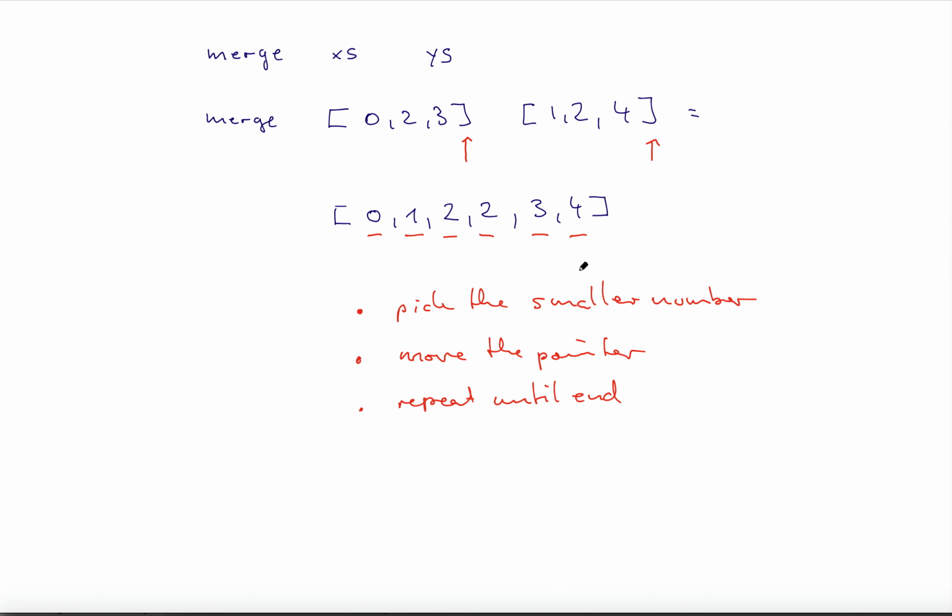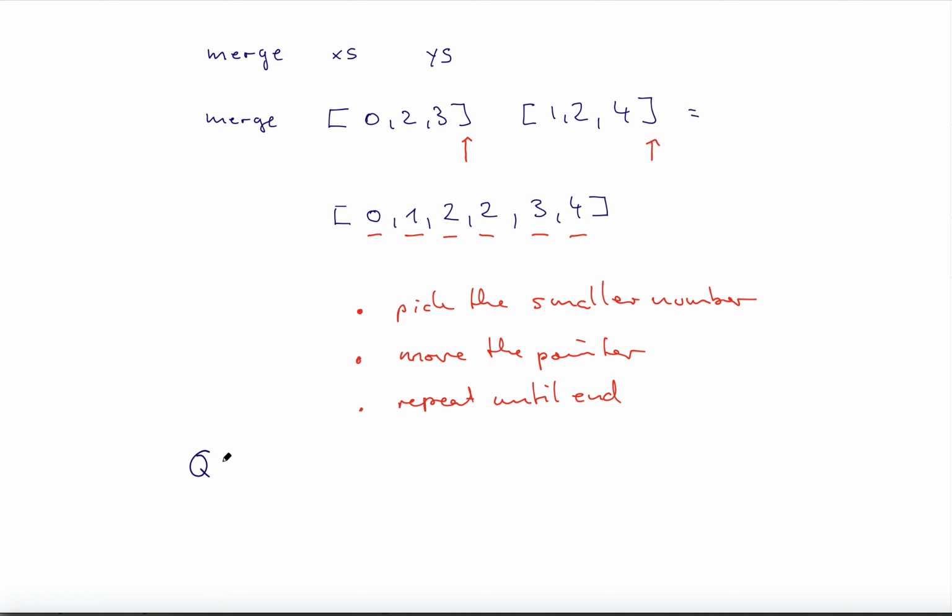So one question here is what is the invariant? Is there an interesting invariant about merge? And so while you're thinking about this question, let me just write it down.